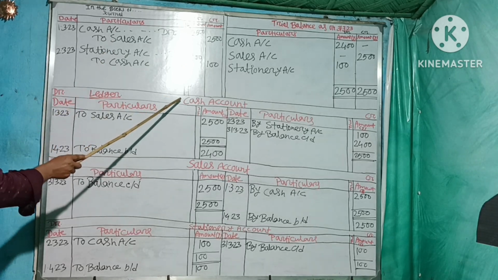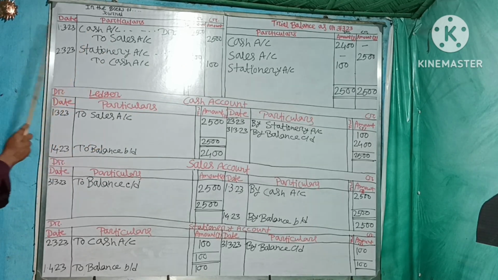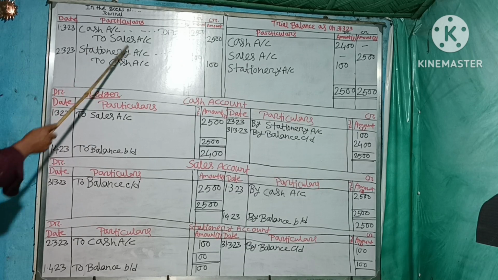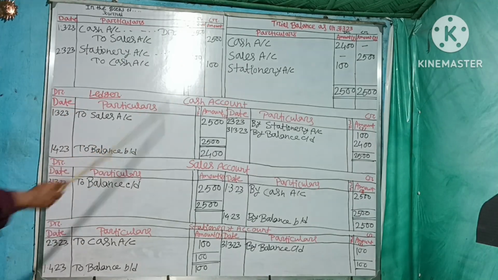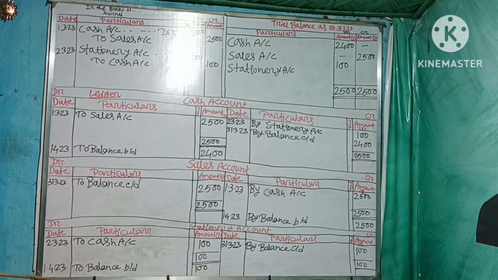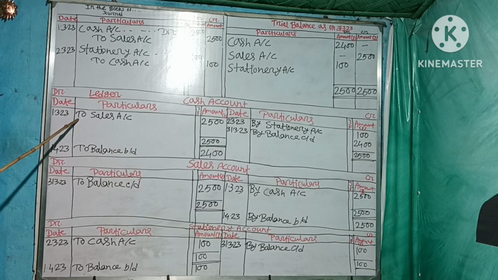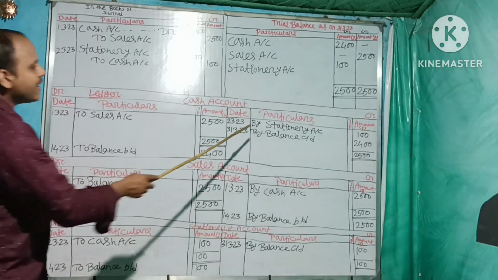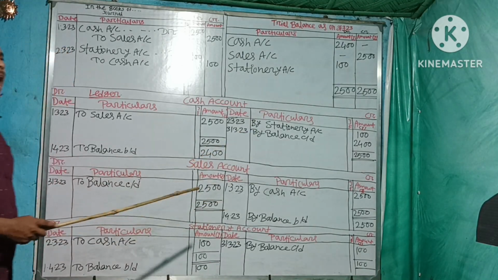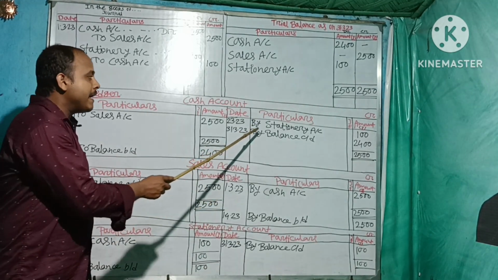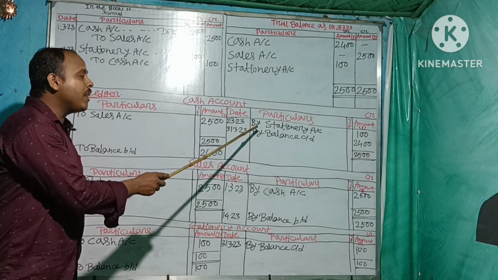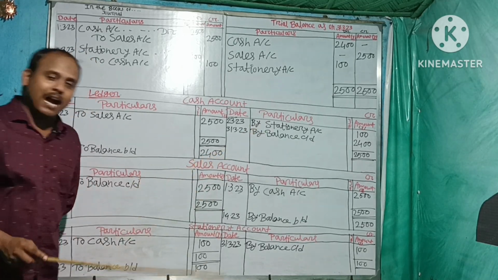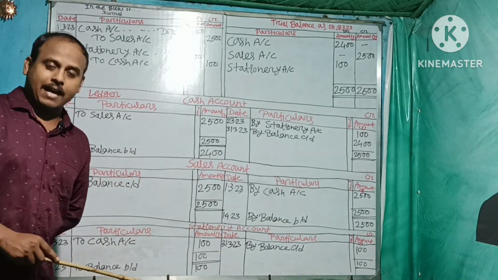Here we open a cash account, opposite of cash account we write to sales. Remember that on this side, whatever we write, we always write to before the account name, and on this side before the account name we write by.